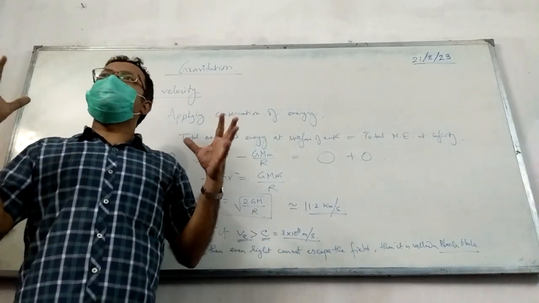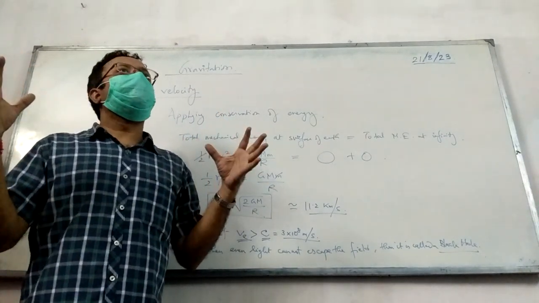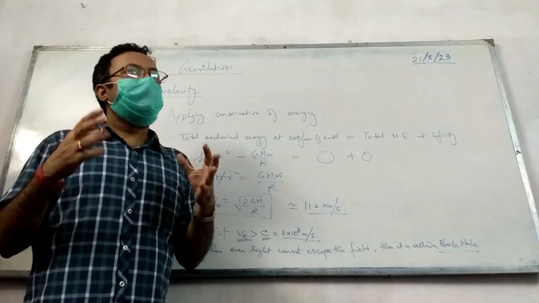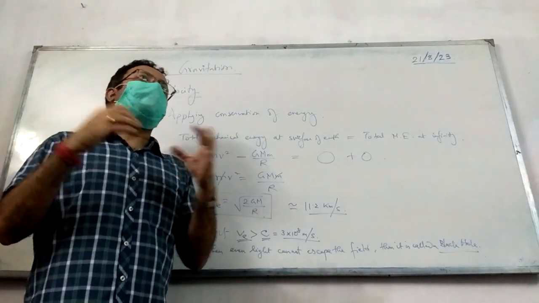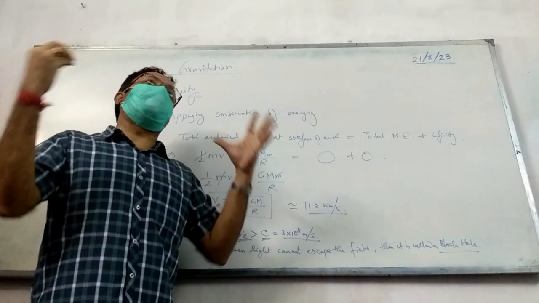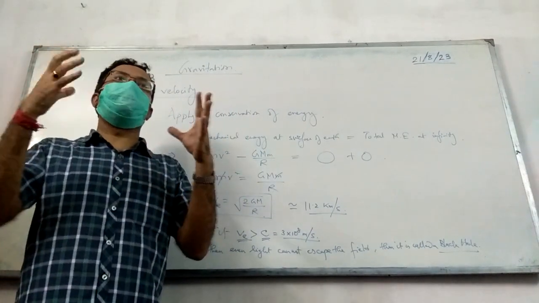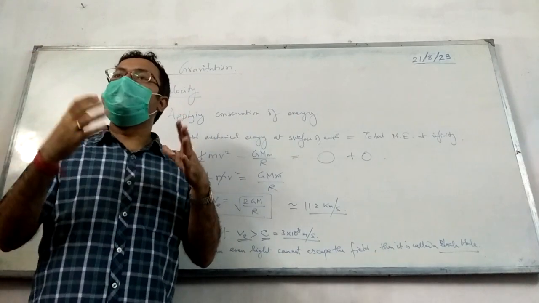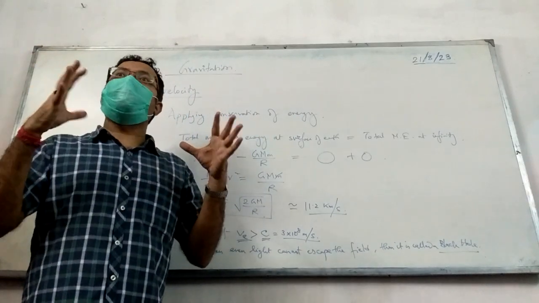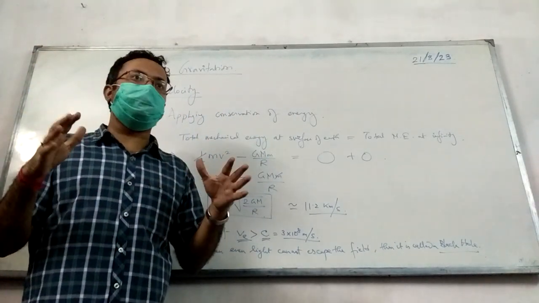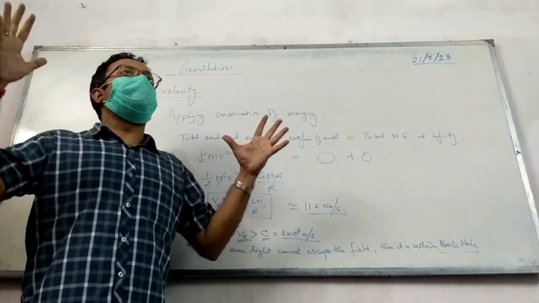So gradually the hydrogen will get used up, and when they form helium, they also try to form higher elements: lithium, beryllium, boron, carbon. They start forming them. And gradually the hydrogen finishes, the star comes to an end.